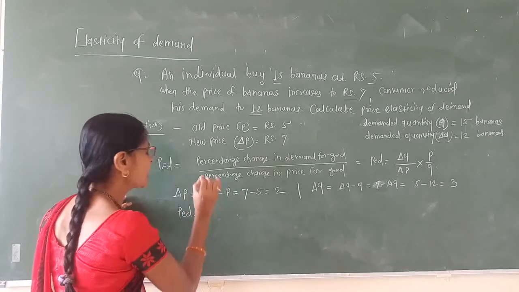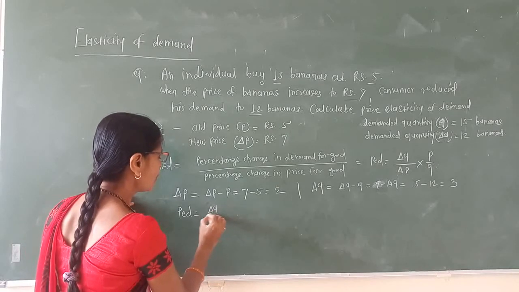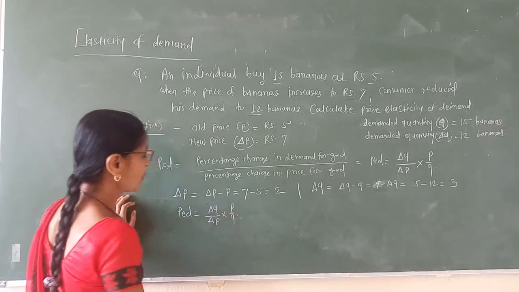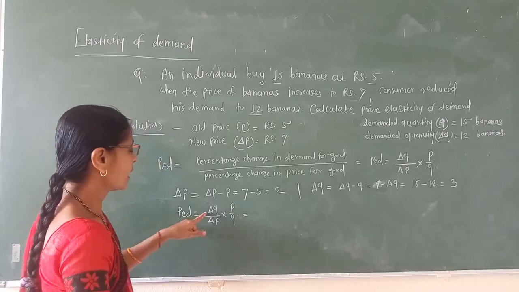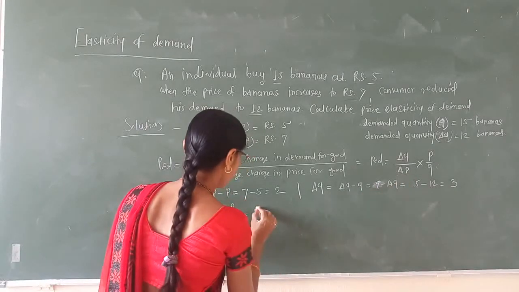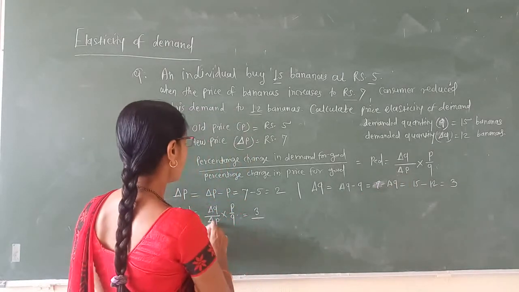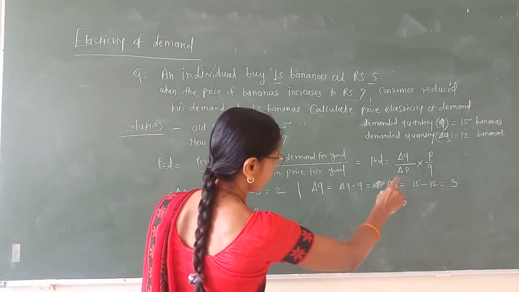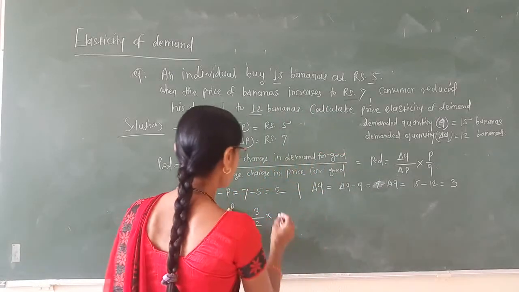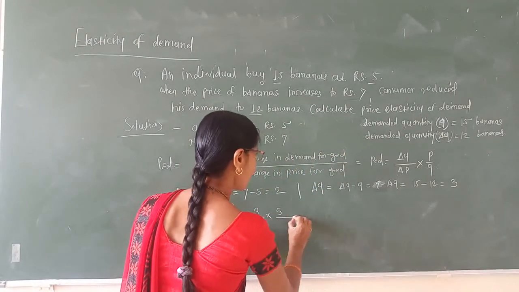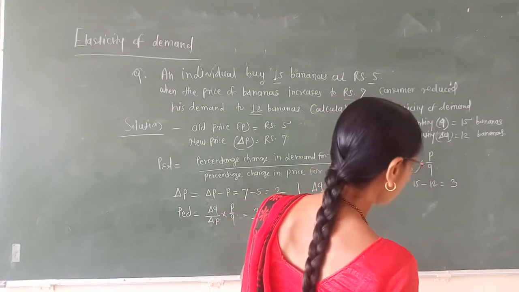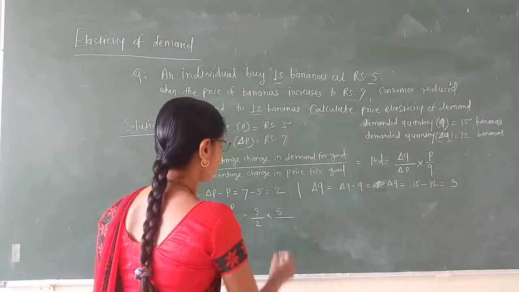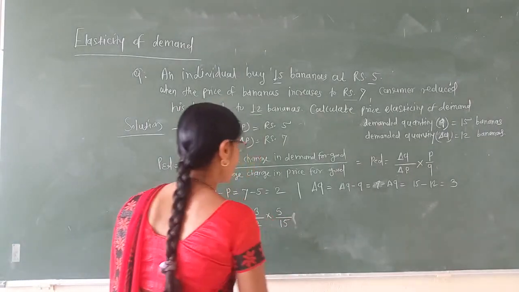PED is equal to delta Q divided by delta P into P divided by Q. So here delta Q is 3 and delta P is 2, into P, our initial price, 5, divided by the initial quantity demanded, 15.